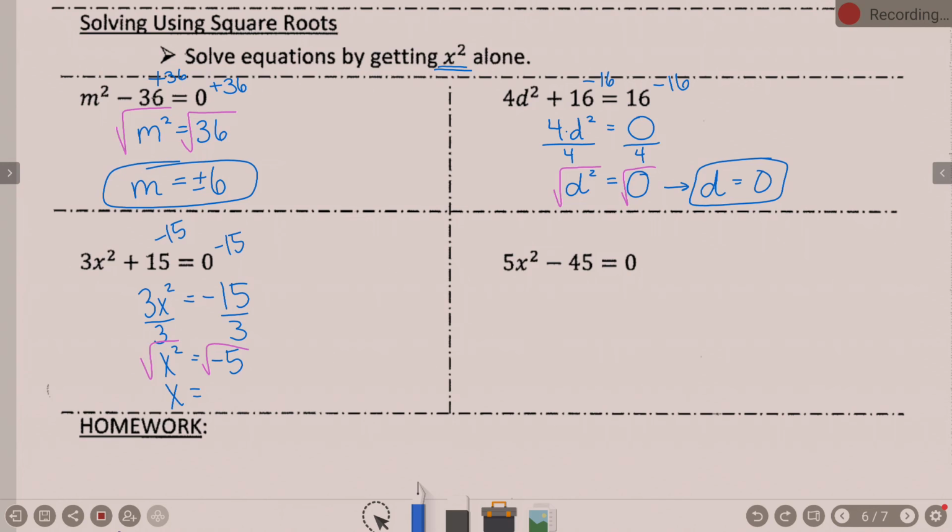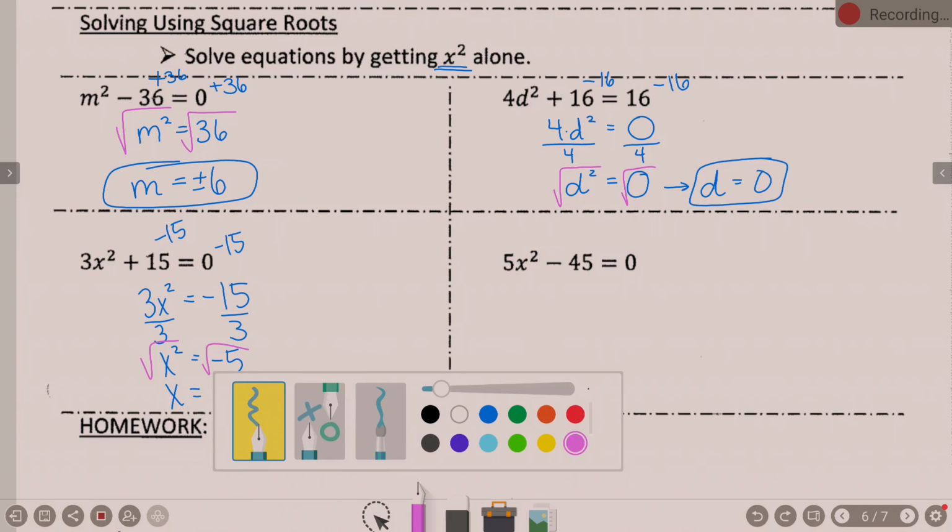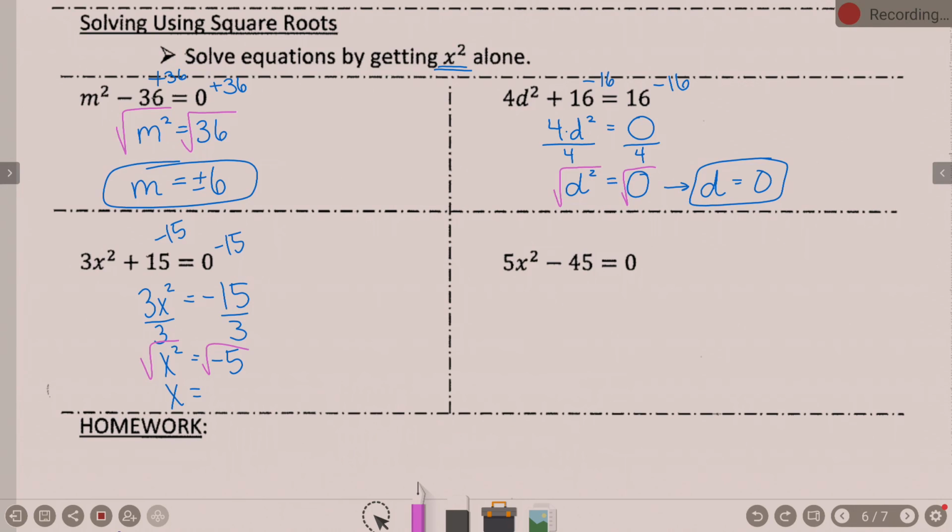Why isn't there one? Because it's a negative? Yeah, also. But also the square root of 5 is not just 5. That's what my calculator gave me. I would say the calculator lied, but the calculator probably didn't lie. It's probably operator error.